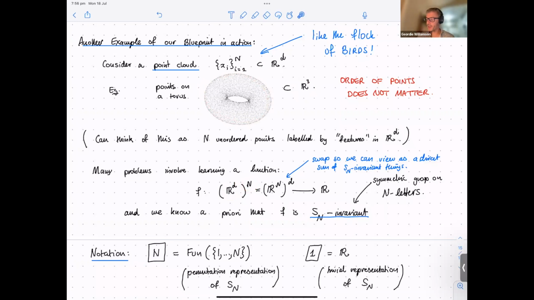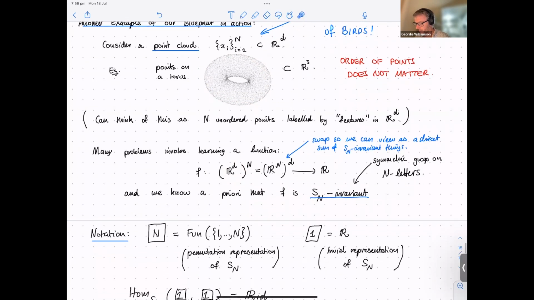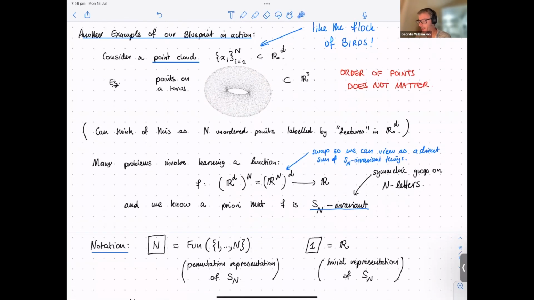Now we can view this instead as d points in R^n, where we first look at the first coordinate, then the second coordinate, etc. Now notice that R^n is a representation of S_n, the symmetric group.